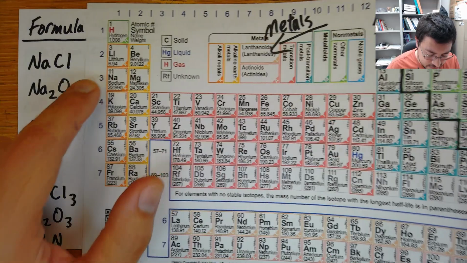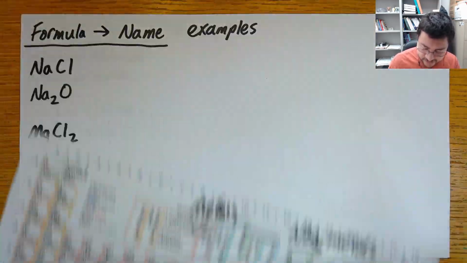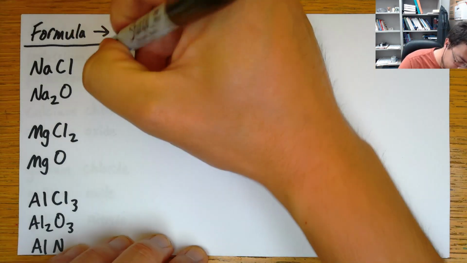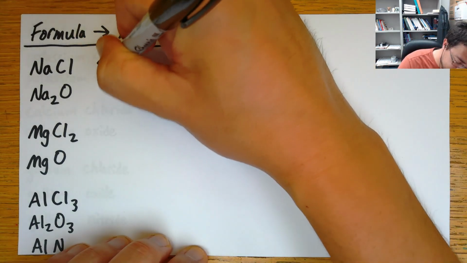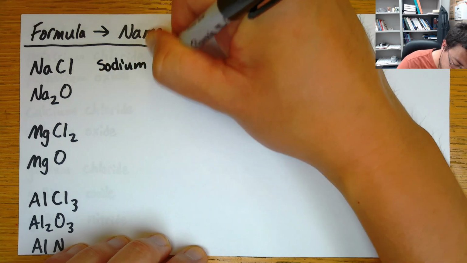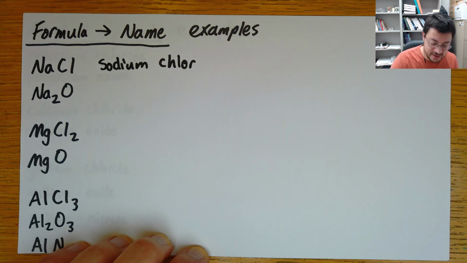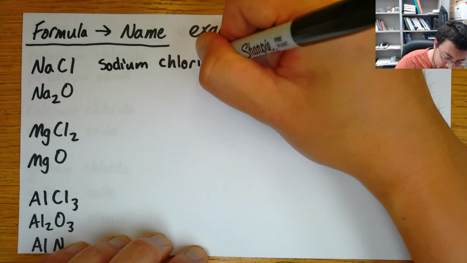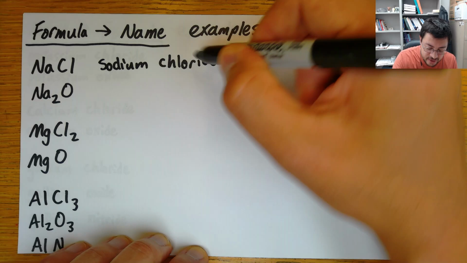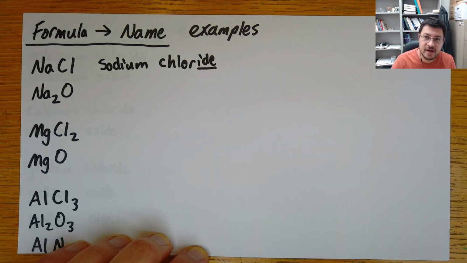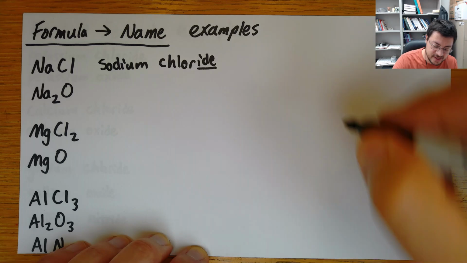Na, sodium, Cl, chlorine. So we say sodium chlor, but we don't say chlorine. We're going to use that default ending of -ide. Basically, whenever you have an -ide ending, that means you have the anion version of that element existing.